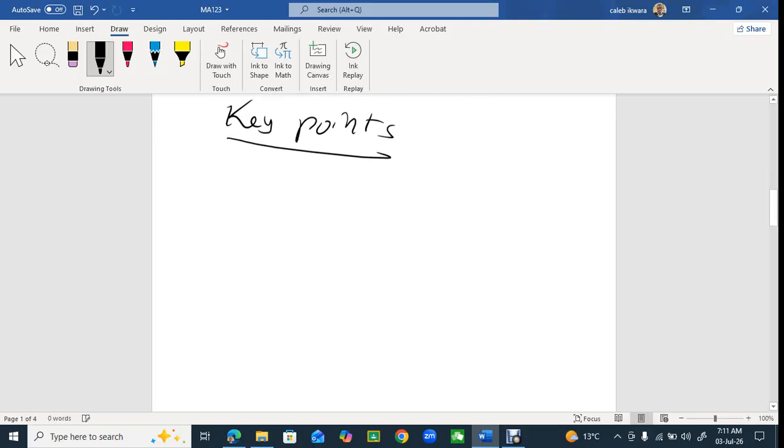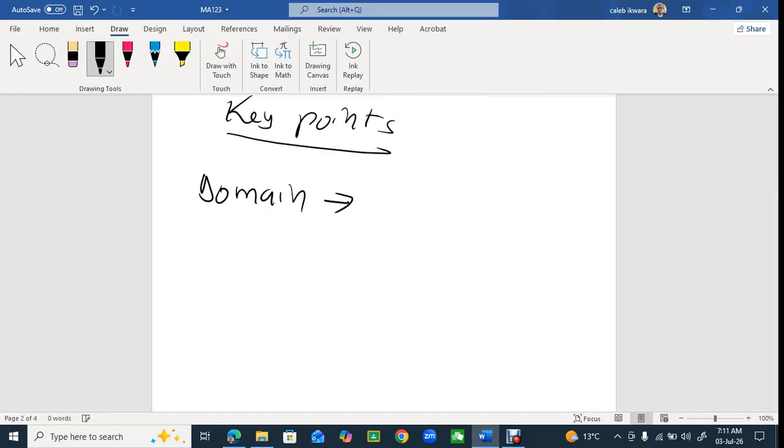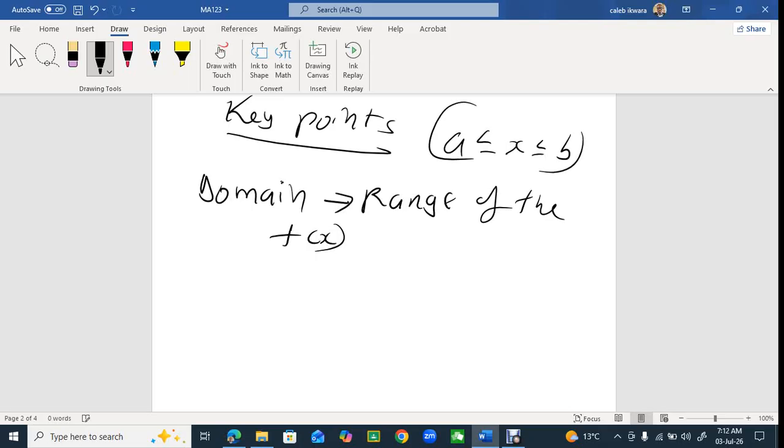The domain of an inverse function is the range of the function f of x. If the domain of f of x is a less than or equal to x, less than or equal to b, this will now serve as the range of the inverse of that function.